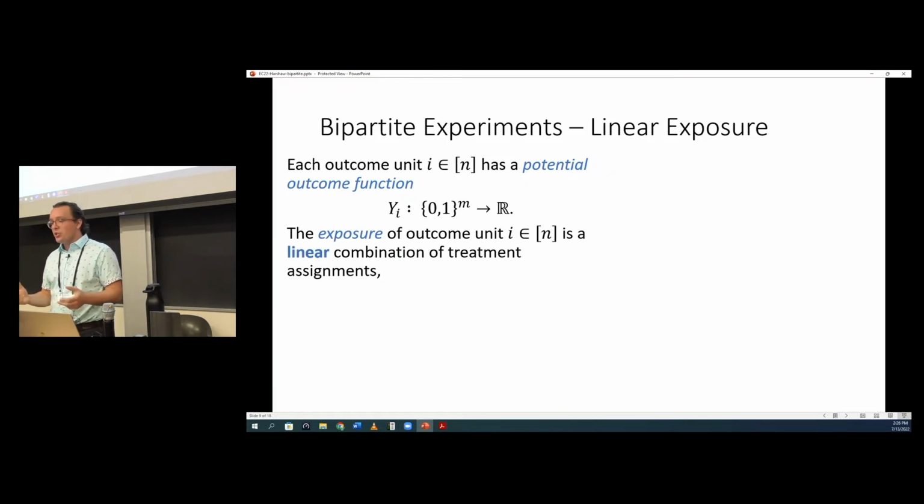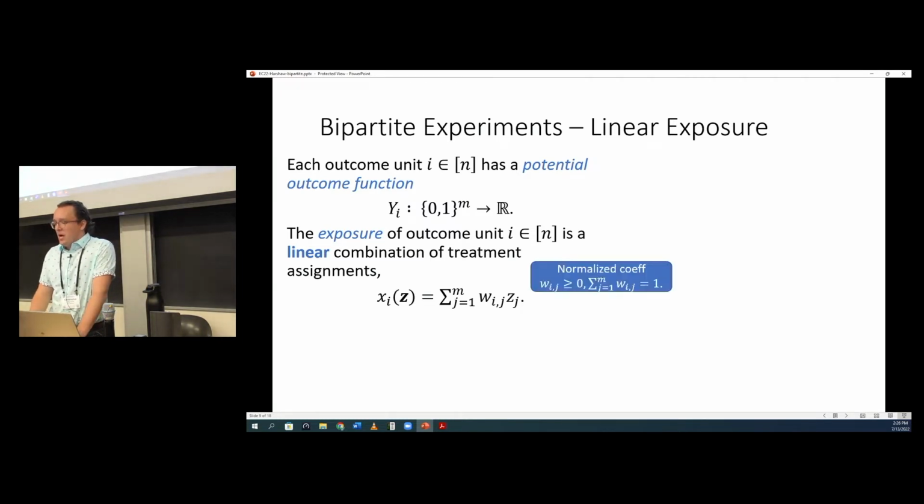And the exposure of an outcome unit is a linear combination of treatment assignments. So this is, for some outcome unit I, its exposure it receives is some function of the treatment assignment vector, namely this known linear function here. So we know what these weights are. And I'm going to assume in this talk that they're normalized, they're non-negative, and they sum to 1.